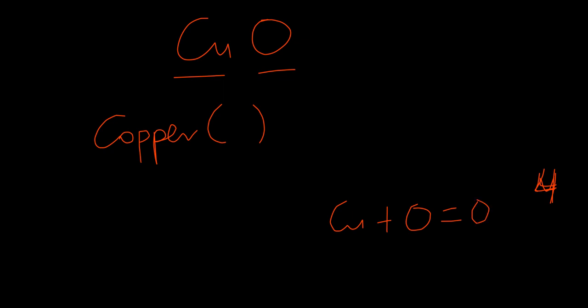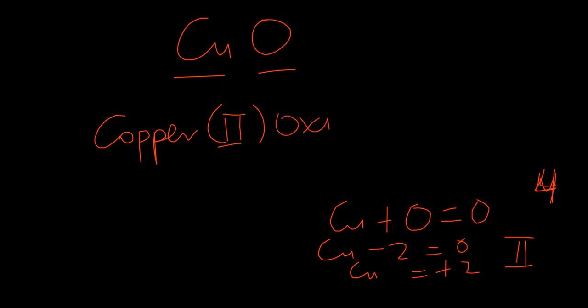So Cu, the oxygen is -2, equals 0. So Cu equals +2. The oxidation state of the copper here is II. Put it there. So copper(II) oxide. Simple as that. Let's look at another example.